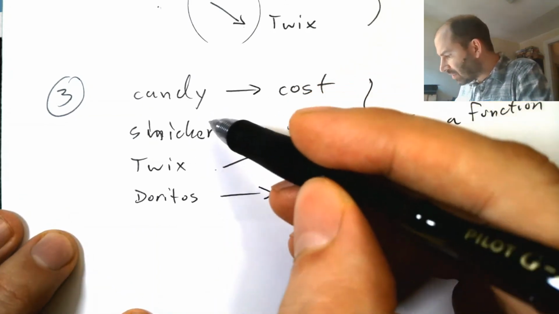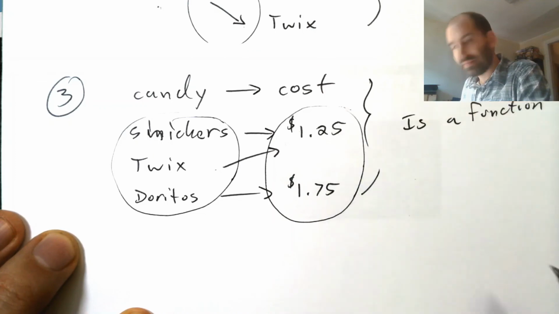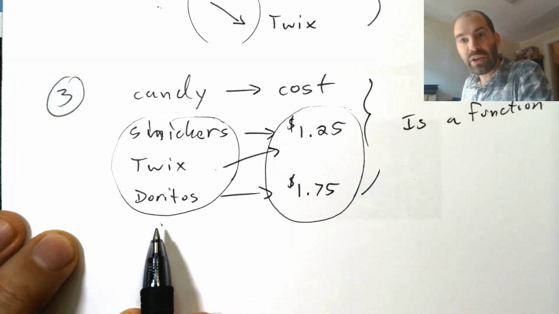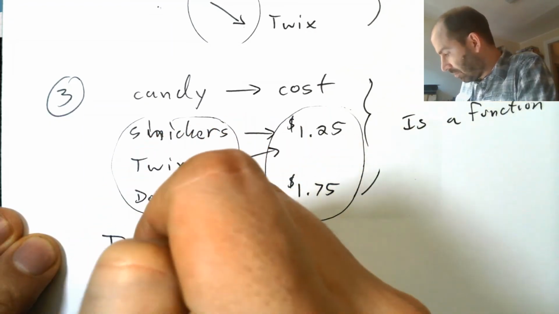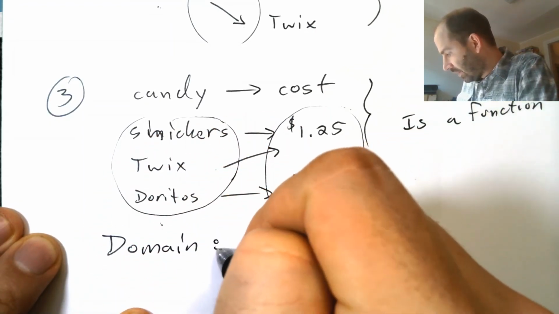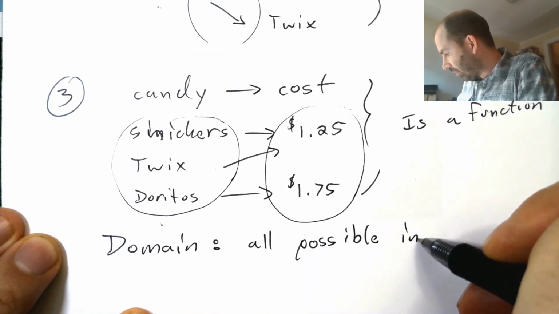We have names for the things that we plug into the function and the things that come out of the function. The set of all things that we can plug in is called the domain. So the domain is all possible inputs.